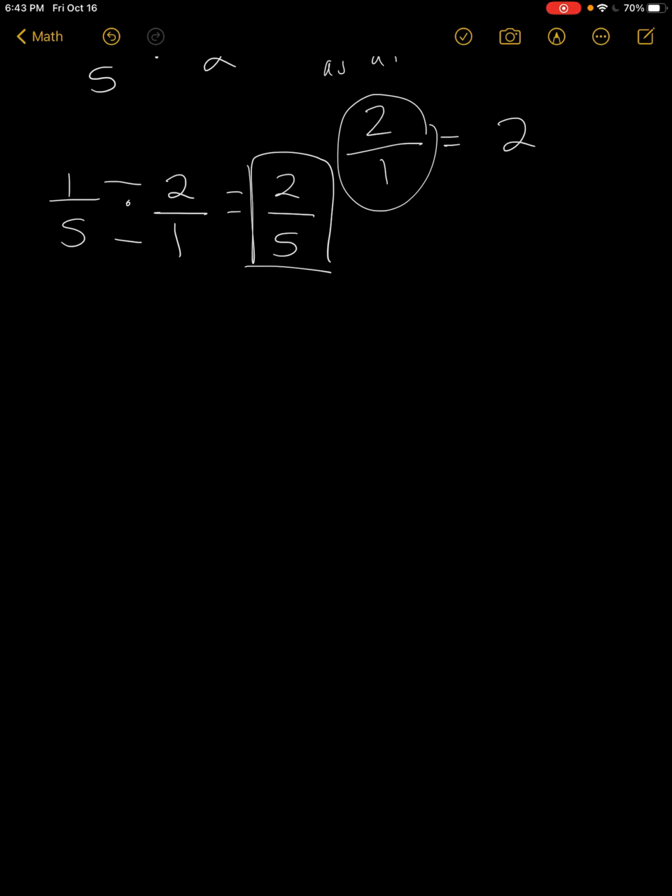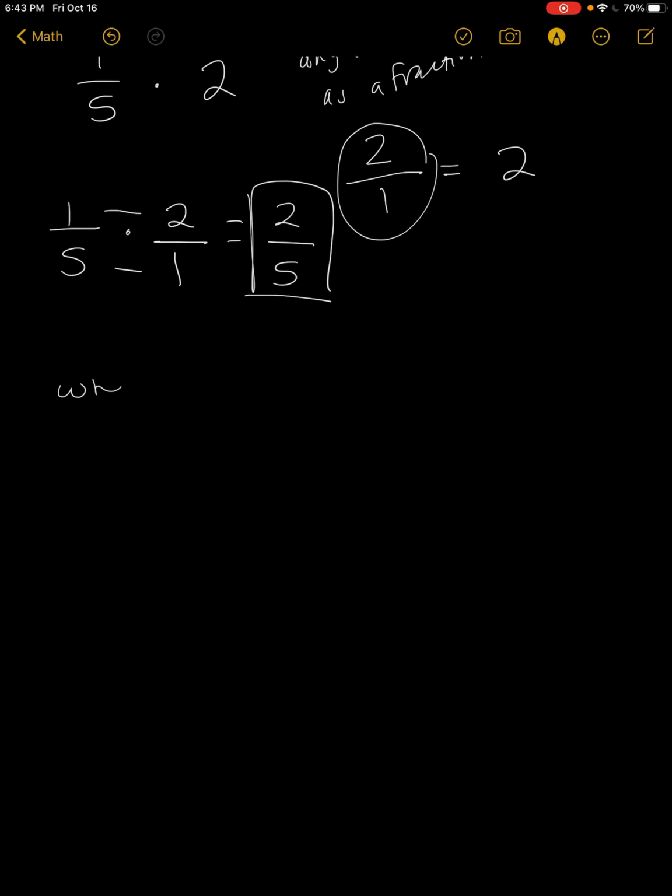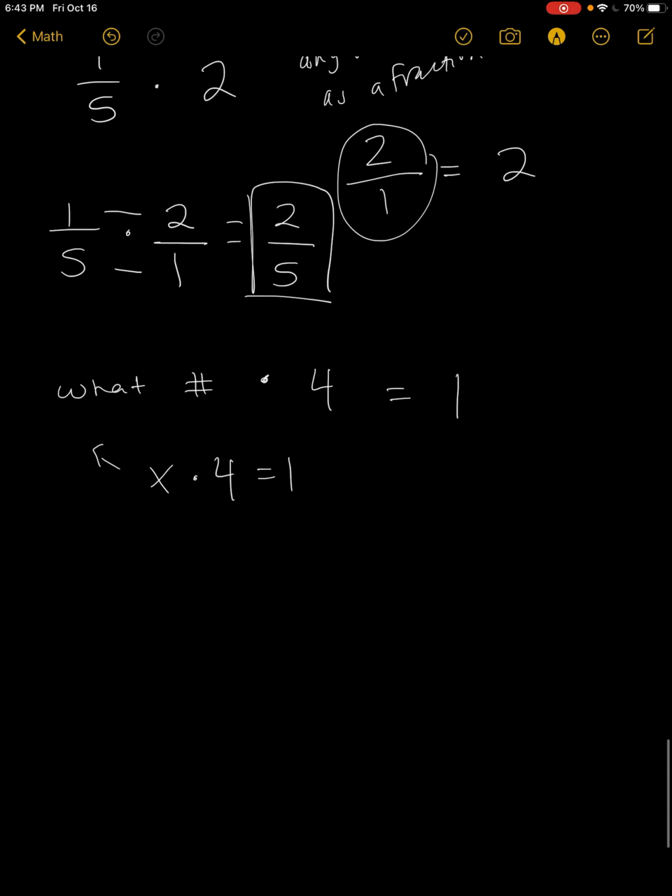So then I want you to think, what number multiplied by 4 equals 1? So x times 4 equals 1. What is this number x?